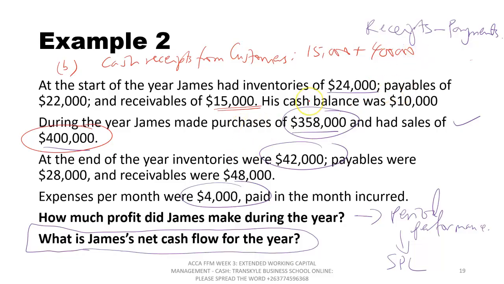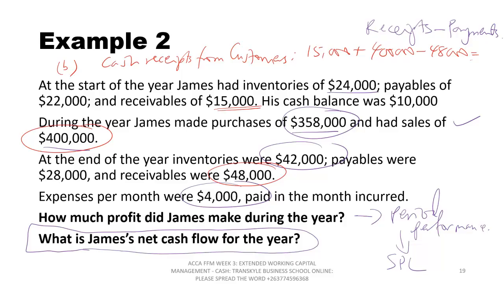Then we deduct any outstanding receivables at the end of the year. We were told that at the end of the year, they were left with receivables worth 48,000. So we did not receive money in respect of these receivables. Then we get the amount there. If we do our computation, 15 plus 400, that's 415 minus 48.